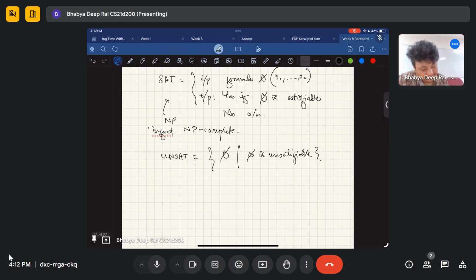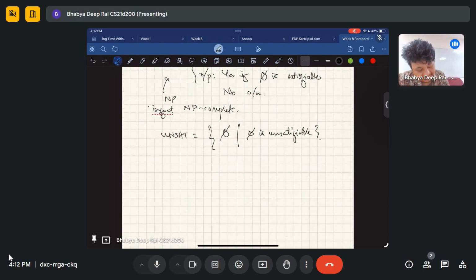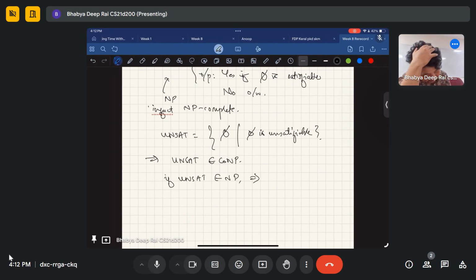So now what does that mean? This means that unsat is in coNP, and if unsat is also in NP, then its complement is also in NP, and then you show that NP is equal to coNP intersection NP.